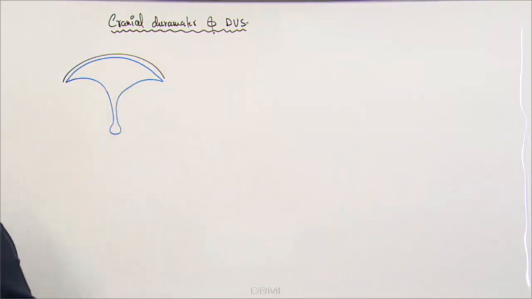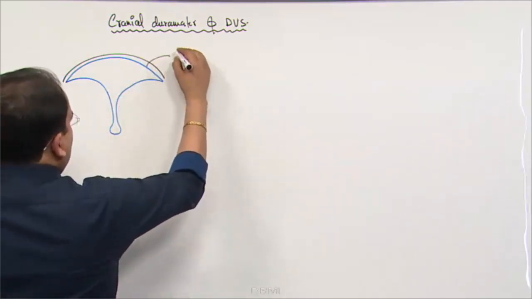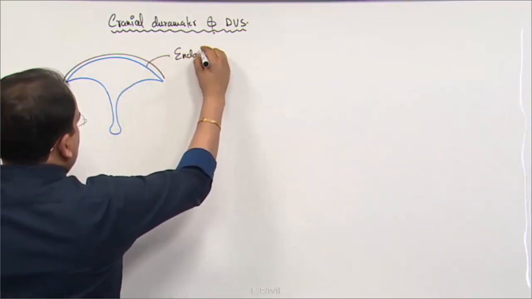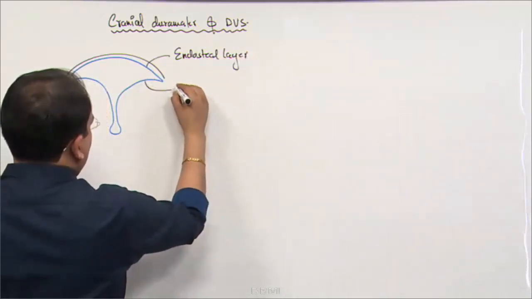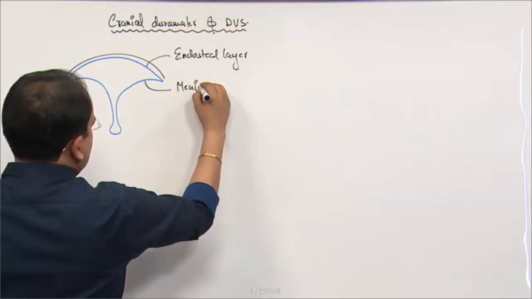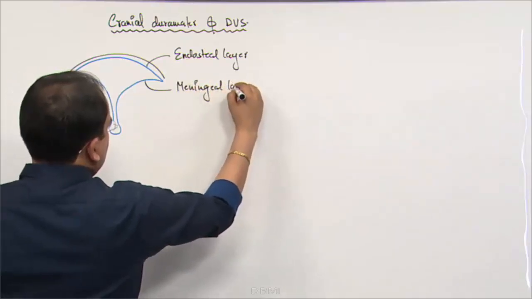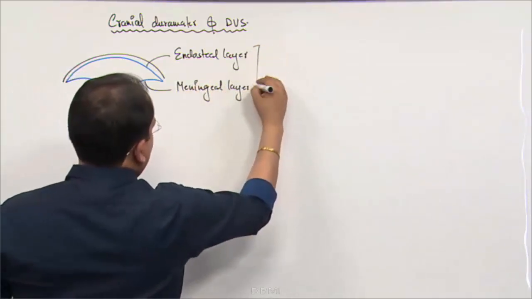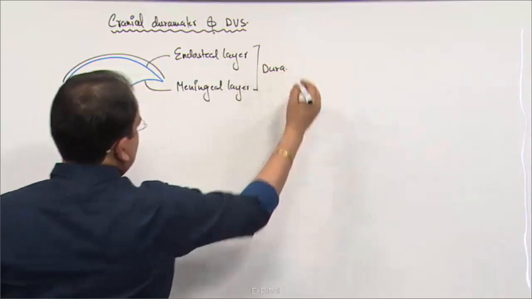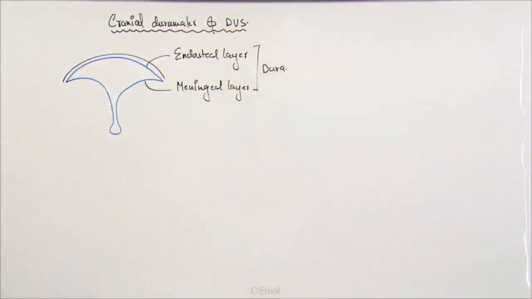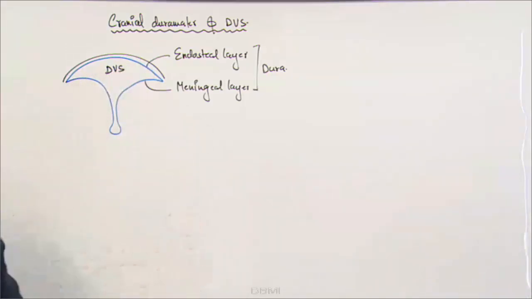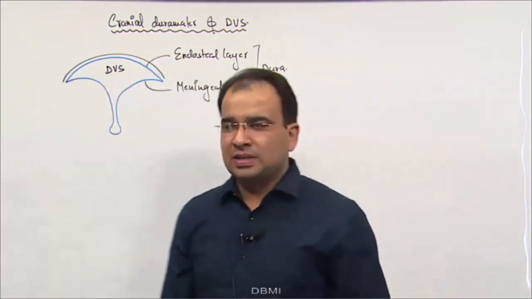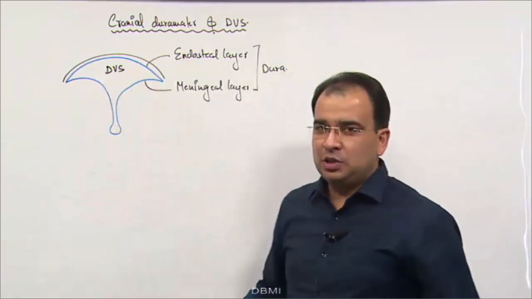So this is the endosteal layer, and there we have the meningeal layer of dura. And between the endosteal and the meningeal layer of dura mater, there are dural venous sinuses. So that's a simple definition of dural venous sinus, a sinus which is present within the dural folds.